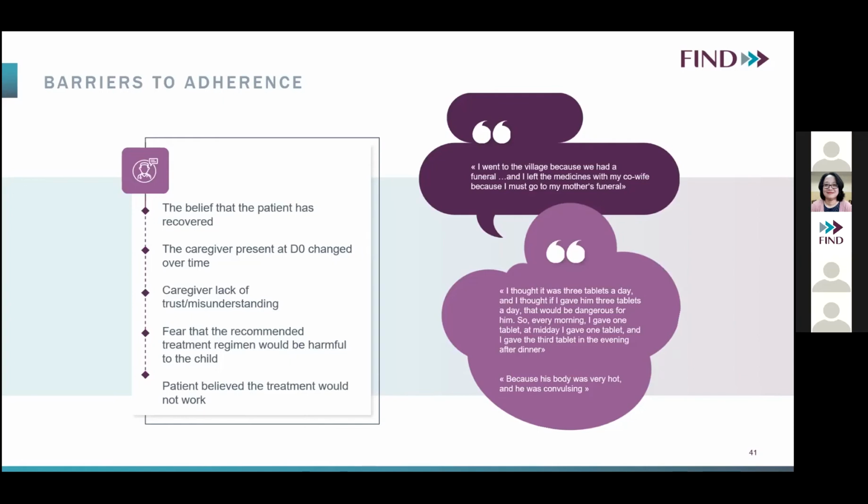So every morning I gave 1 tablet, at midday I gave 1 tablet, and I gave the third one in the evening after dinner, because his body was very hot and he was convulsing. So sometimes patients think that giving 3 or 2 medications at the same moment can be dangerous for the patient, and they prefer to delay taking some of the medication.